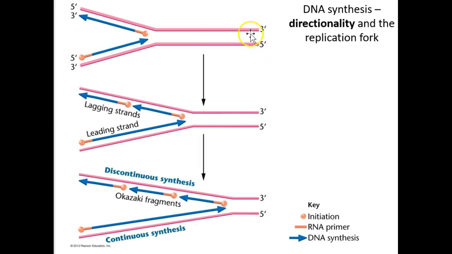Okay. So the pink is the old template molecule, and the blue is the new molecule that is being synthesized, and it's going to always be synthesized complementary and anti-parallel to the template. So we've created a replication fork, right? And because of the orientation of DNA, you're going to have to make the new DNA in the complementary but also anti-parallel orientation.